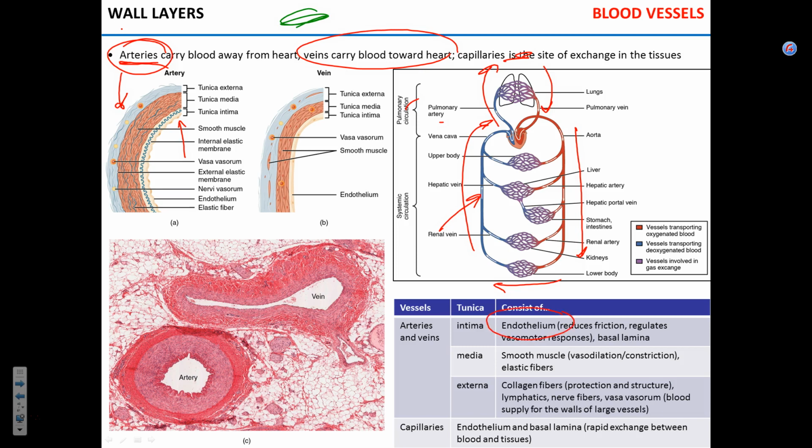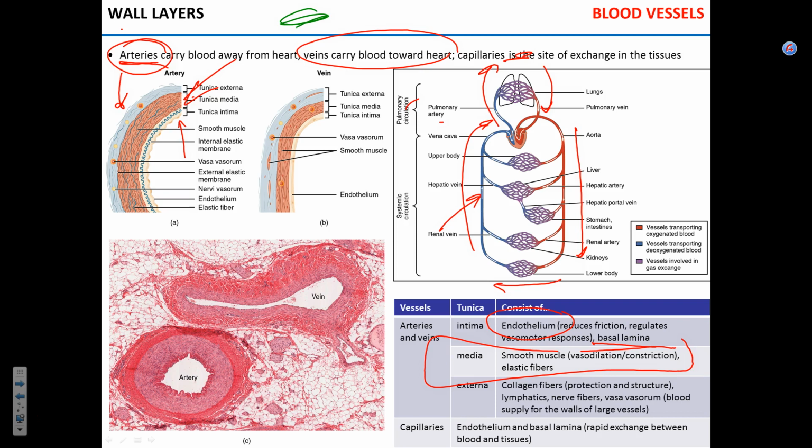Endothelial cells are essentially simple squamous epithelium cells lining the inner surface of the blood vessels. And basal lamina, basement membrane, that attaches cells of tunica intima to the tunica media, which is composed mainly of the smooth muscle cell.